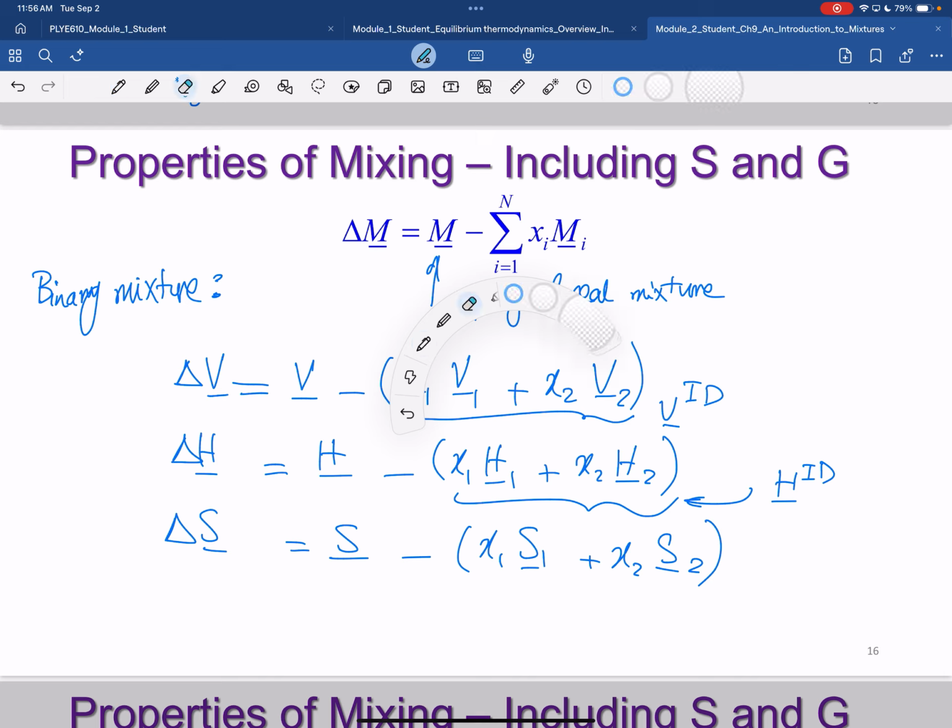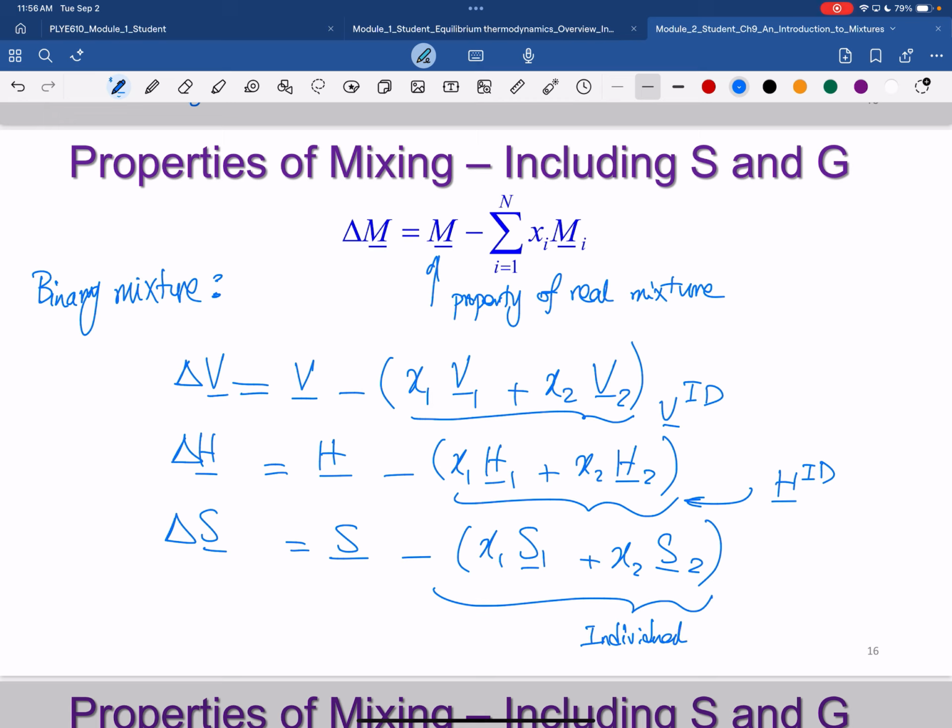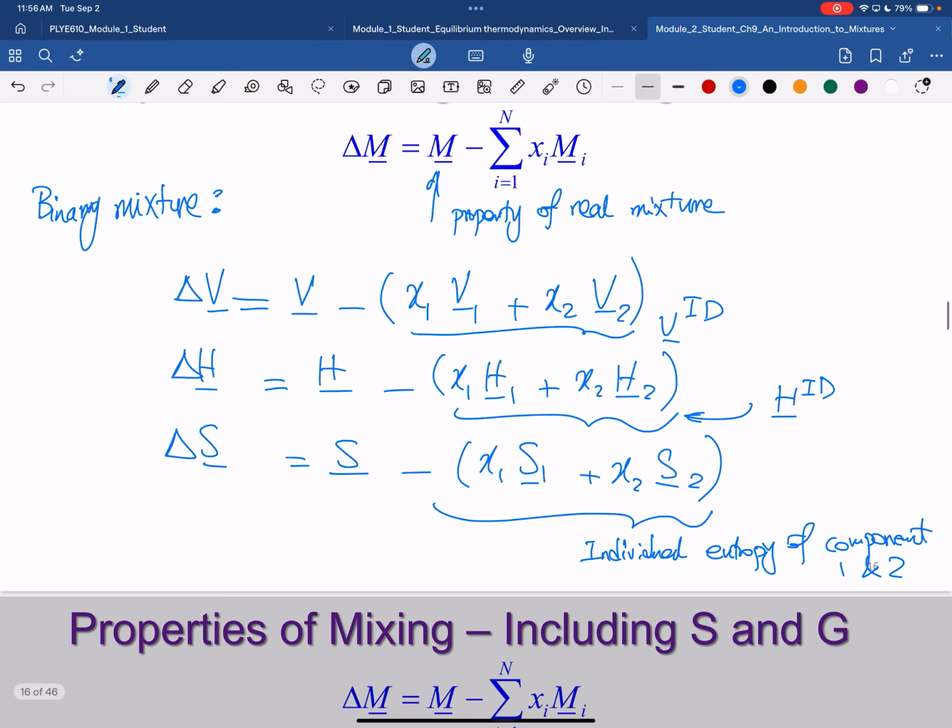If you think about this, this is the individual entropy of components 1 and 2. Okay? So that's the definition. You will see why we are distinguishing between these two types of properties.